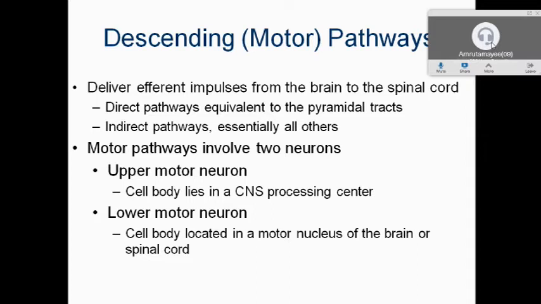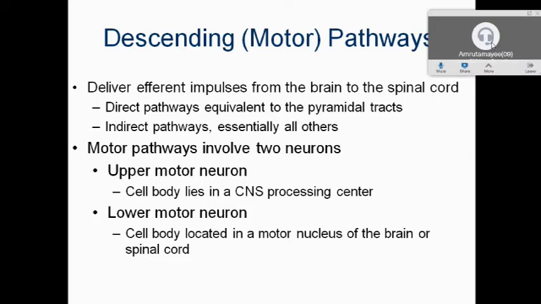So today we will start with the descending tract. From the last class we have seen the ascending tracts or ascending pathway.